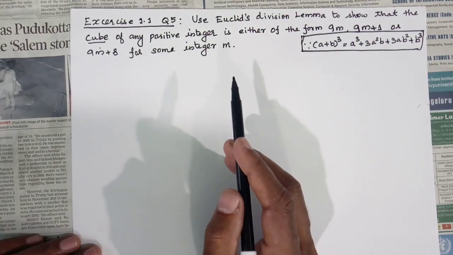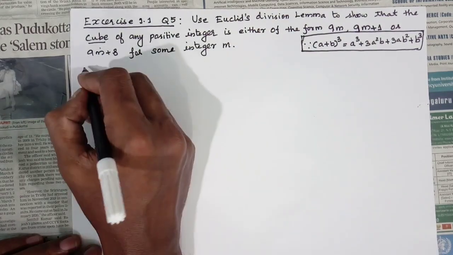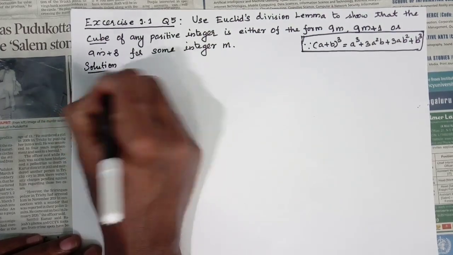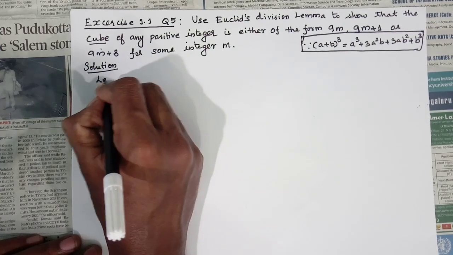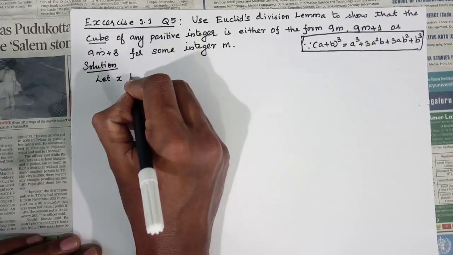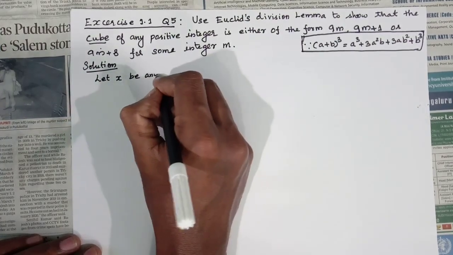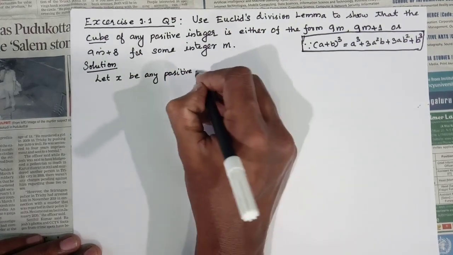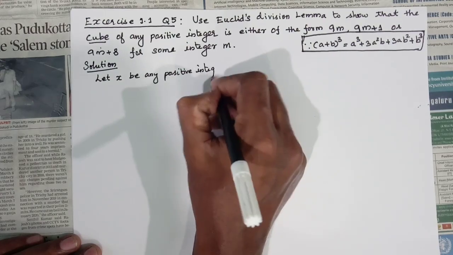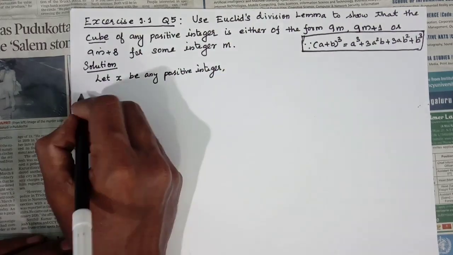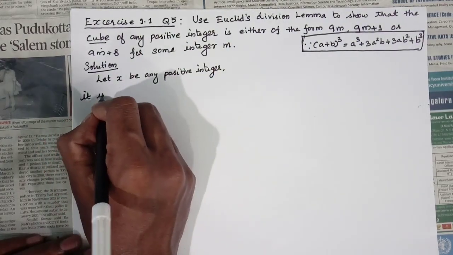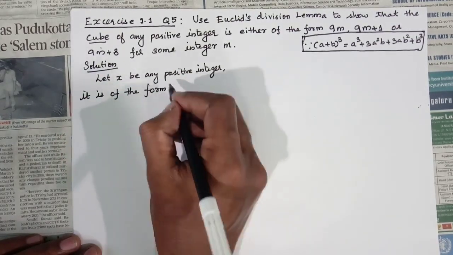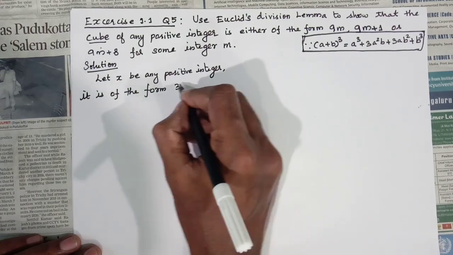As per the previous question, we can take the positive integer as x. Let x be any positive integer, and it is of the form 3m.